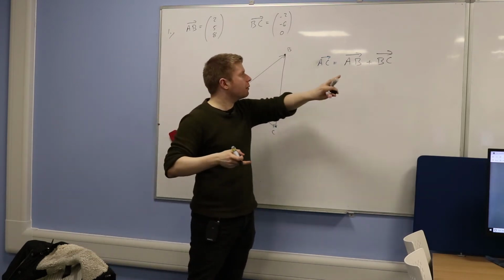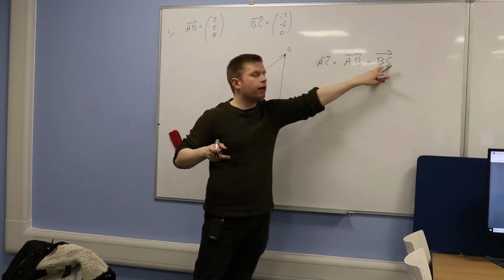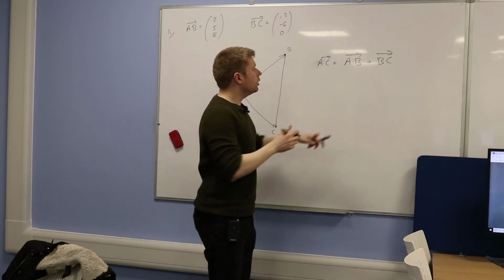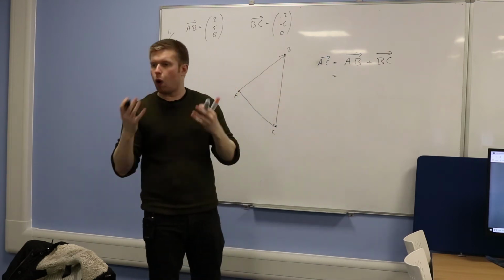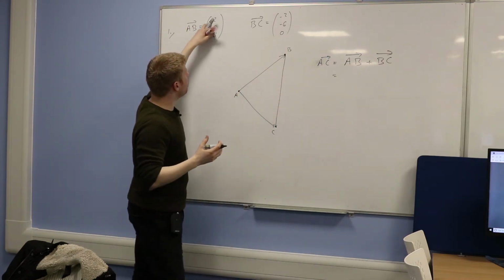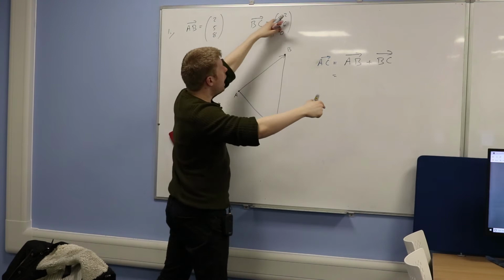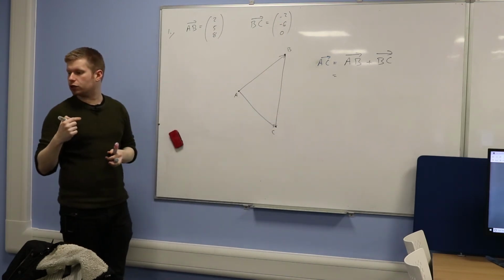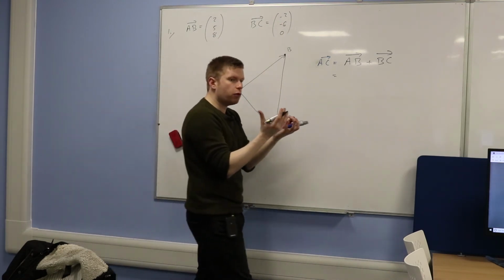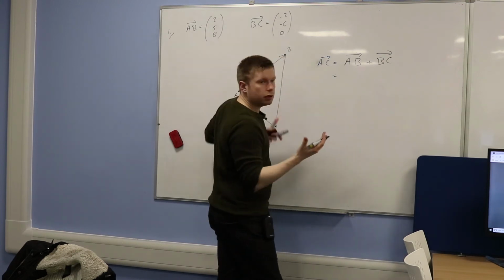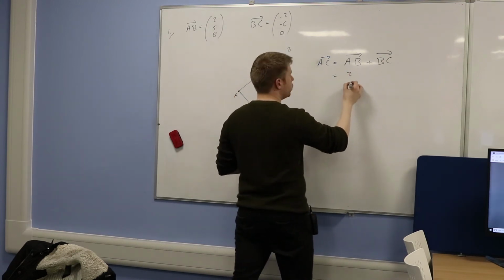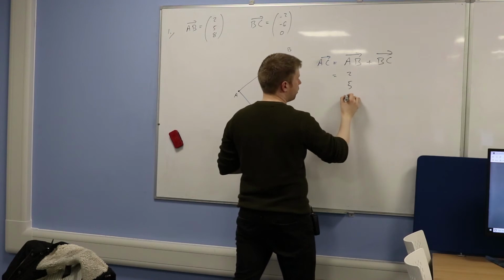Literally in your head, you should be thinking moving along that path, then along that path. Is that okay? Now, fortunately, the way vectors work is I'm basically saying, I move 2 in the i direction and then 2 back in the i direction as well. So the total amount that I've moved in the i direction should be 0, right? So literally all I need to do is add the components together.